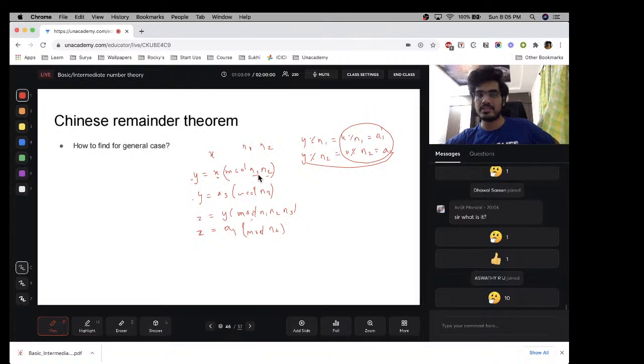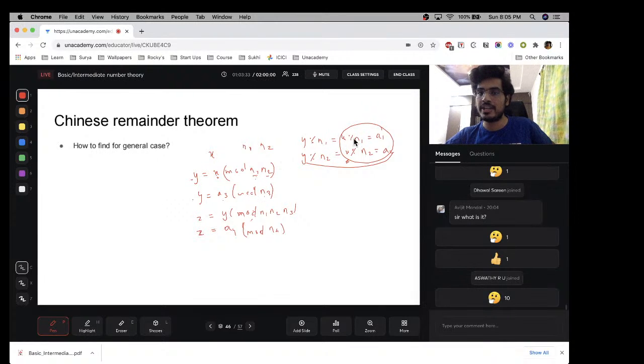Let me go over it again. Since we already found x mod n1 equal to a1, x mod n2 equal to a2, we found such an x less than n1 and n2. So we try to find for that x and n1 n2 pair and a3 and n3.